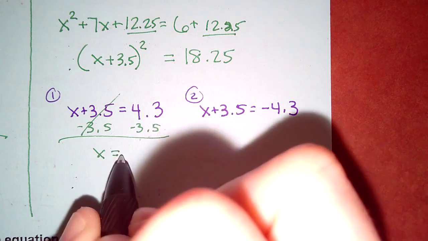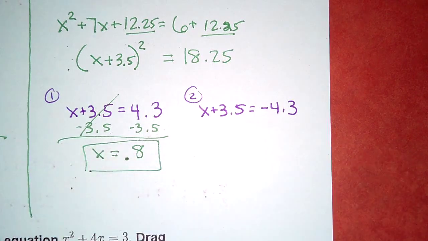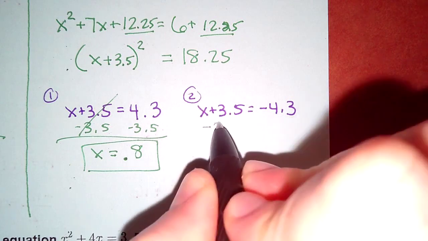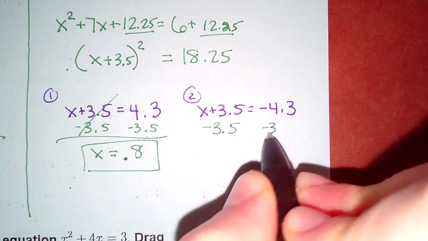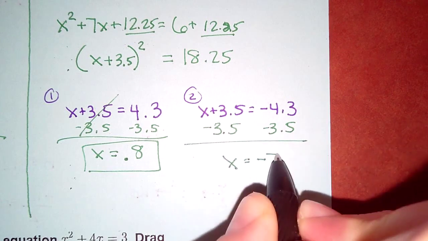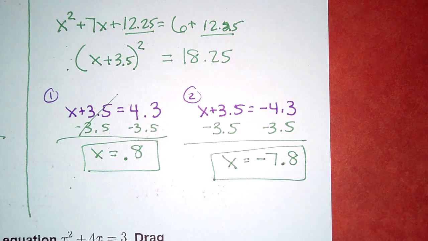Decimals get a little hairy. Plug it into your calculator if you are not sure. This one, subtract 3.5 again on both sides. x equals negative 7.8. Very good. Both of those are my solutions.